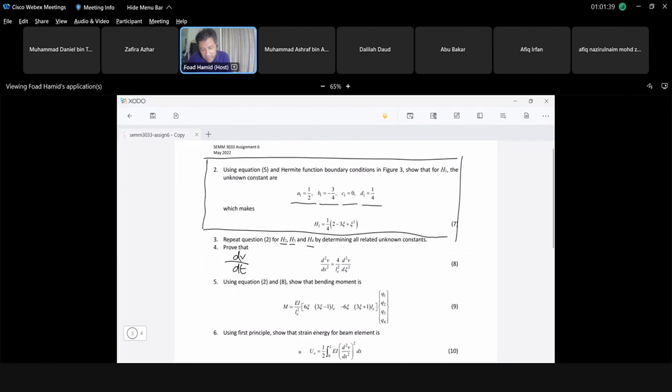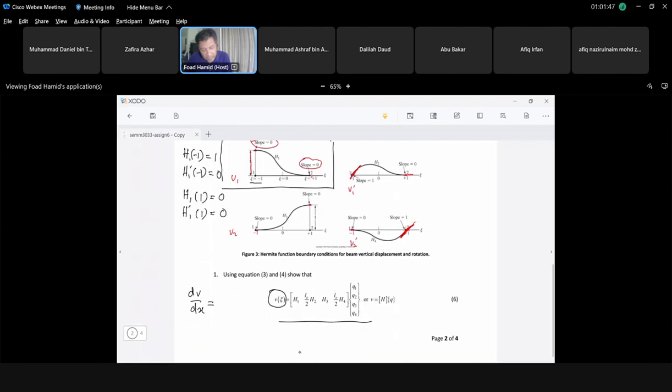It wants dv dx. But before that, what is dv dx? Note that in our case v is a function of v. Let's write this properly so you can understand the math here.